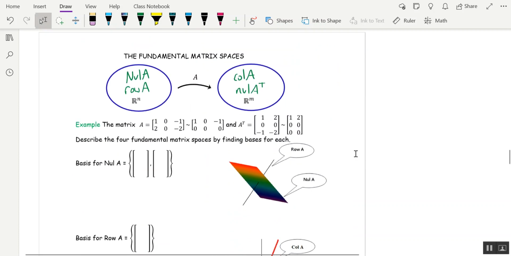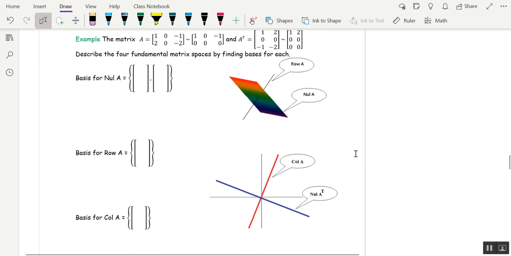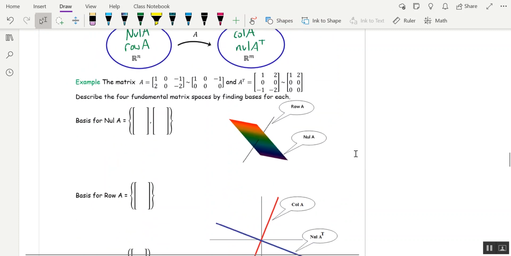So this next example, I've taken a matrix and I've reduced it, and then I've taken its transpose and reduced it. I'm going to look at these 4 vector spaces and show you how they live. So A is 2 by 3.